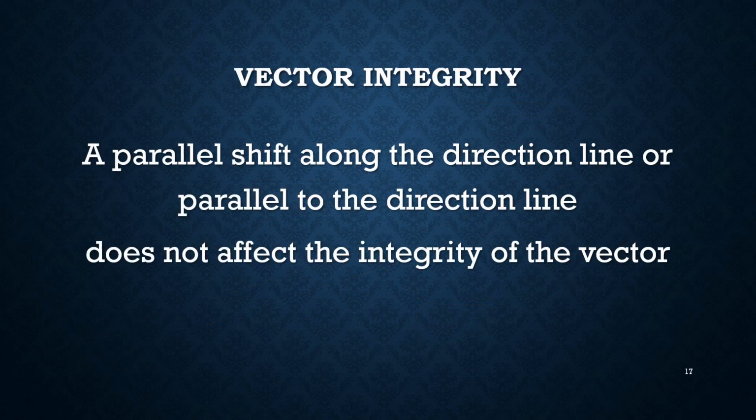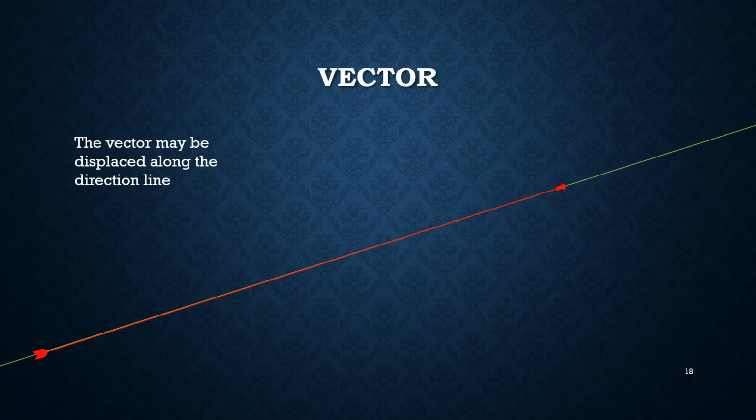A parallel shift along the direction line, or parallel to the direction line, does not affect the integrity of the vector. The vector may be displaced along the direction line.